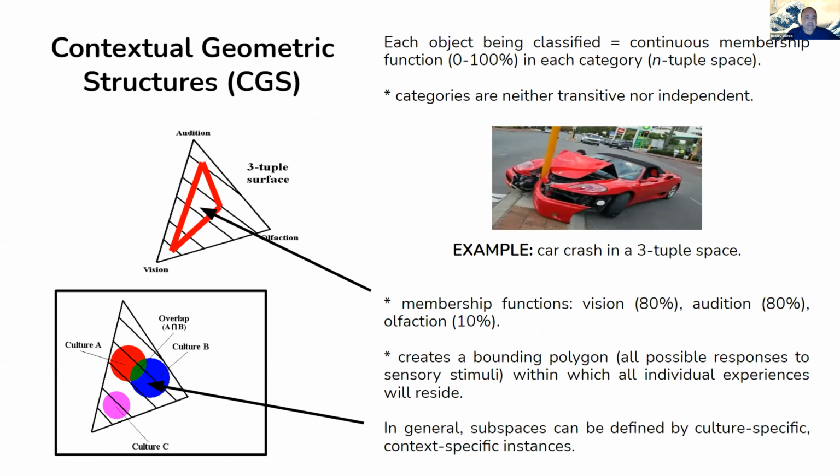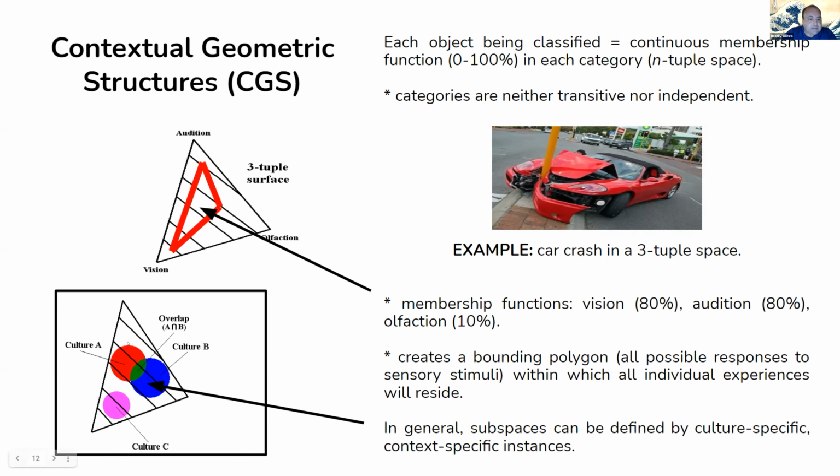So to add additional representational capacity, we want to provide behaviors with some intentionality. So that's where contextual geometric structures come in. And this is a model where we take sensory inputs and we map them to a sensory space, and we define this space by what's observed. And this space is anchored by the physical limits of these things, but the observations are here.